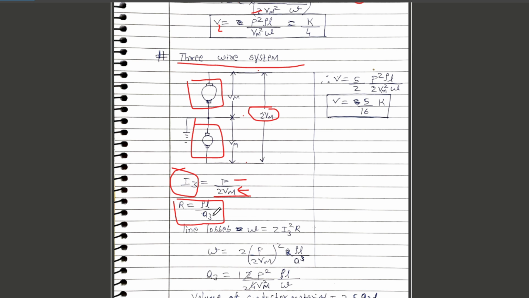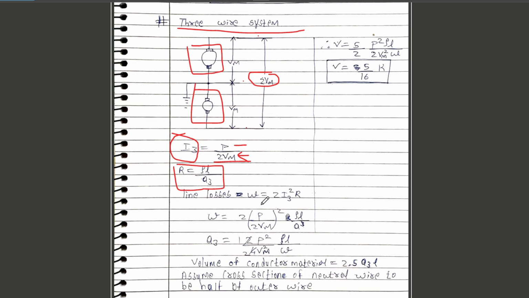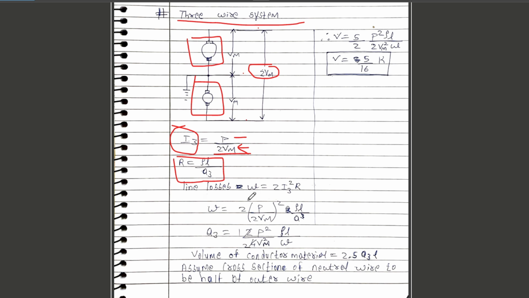A3, where rho is the resistivity, L is the length of the conductor, and A3 is the cross-sectional area for the 3-wire system. So your line losses omega will be twice of I square into R. So what are line losses?